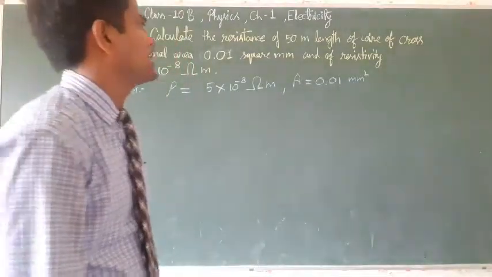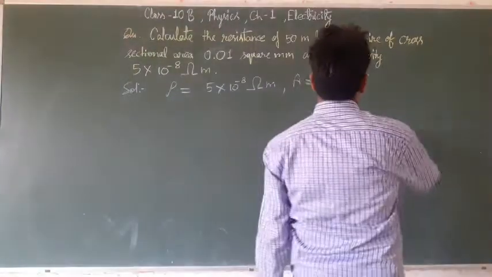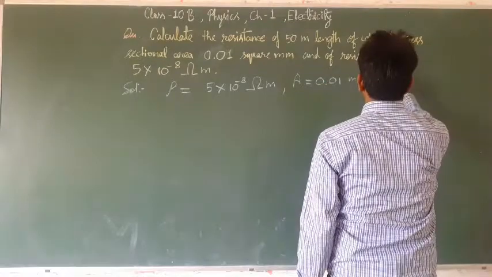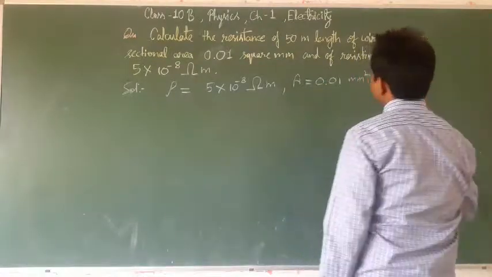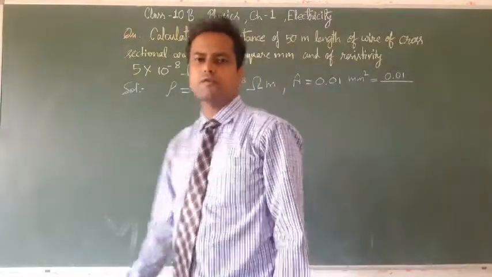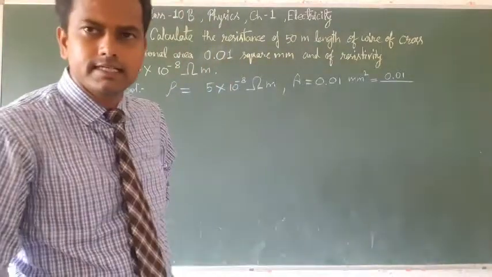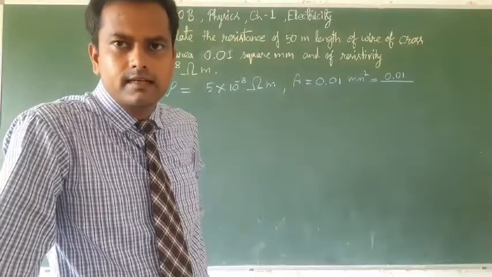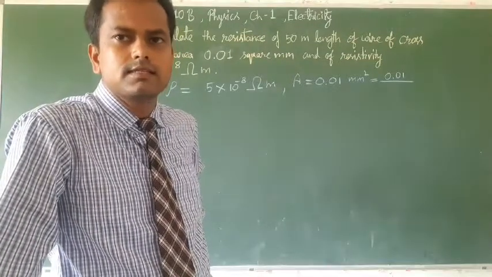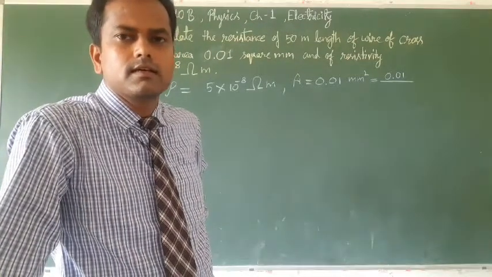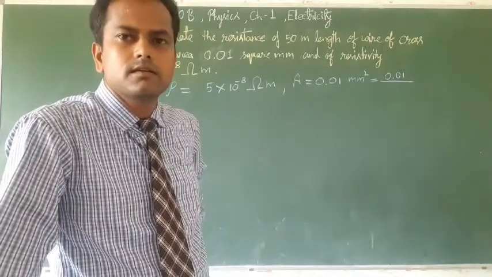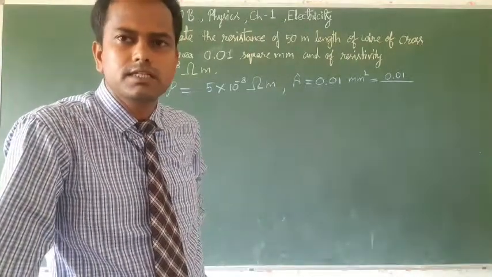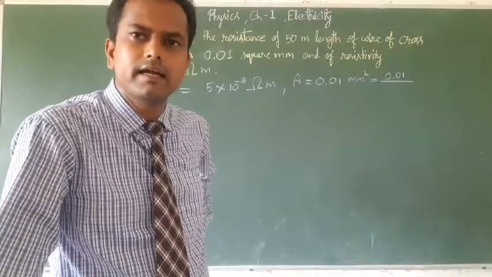Millimeter square. It means 0.01. If you convert millimeter to centimeter, then we have to divide by 10. And after this, centimeter converted into meter, then again divide by 100.